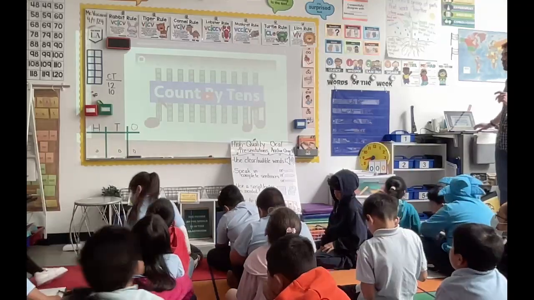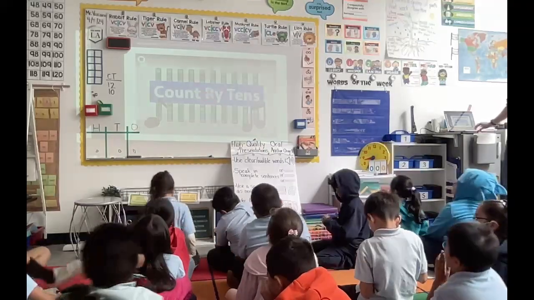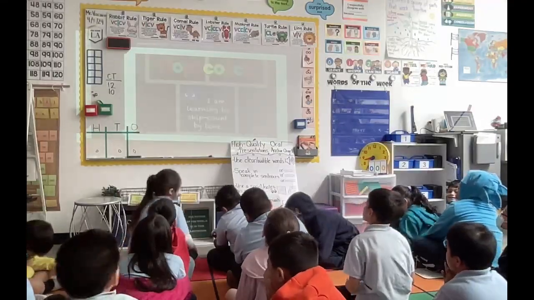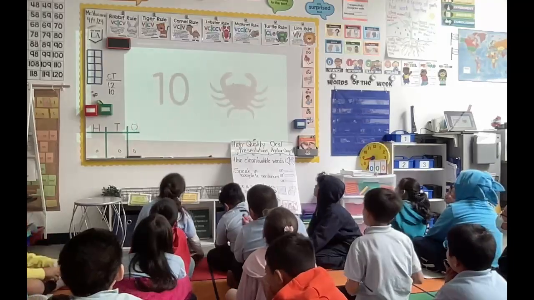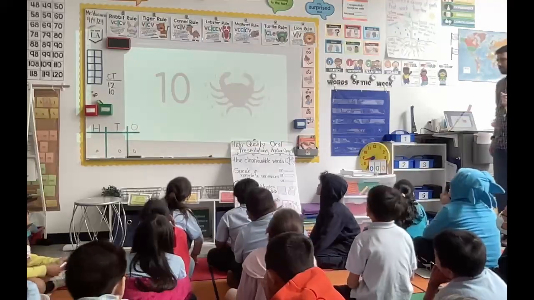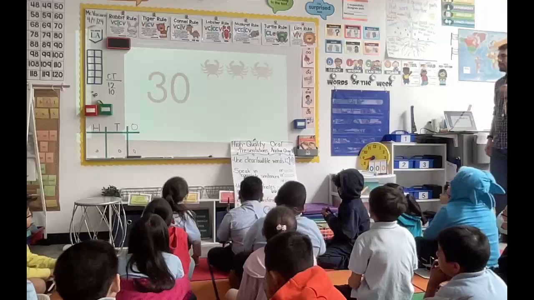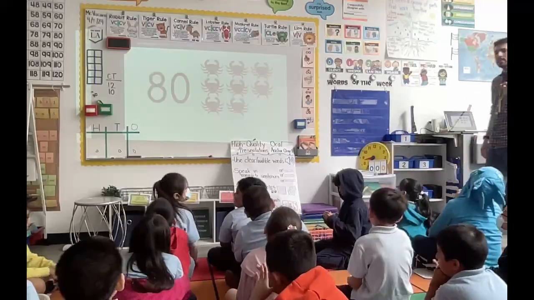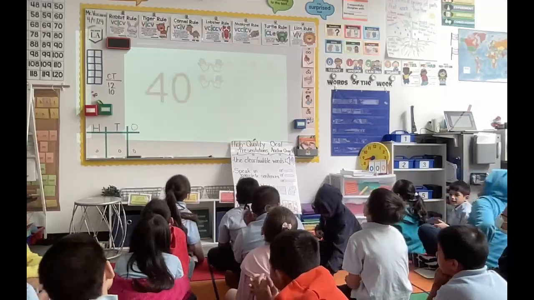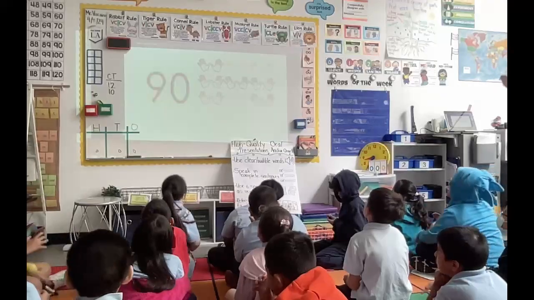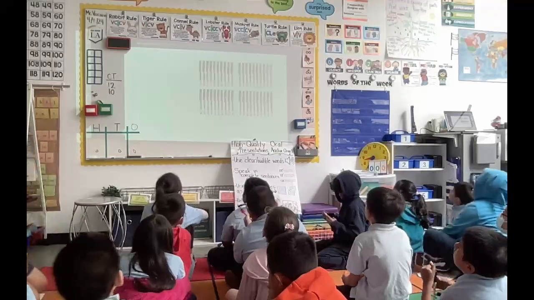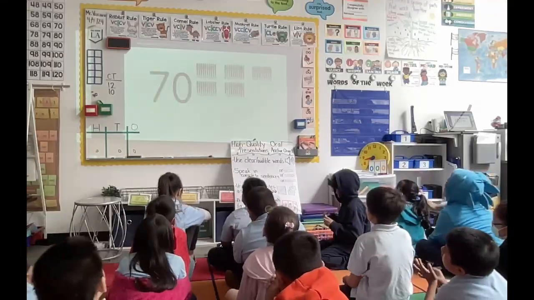Counting by tens, get those numbers in your head, and I want to hear your voices. Of 10 is 30, 4 groups of 10 is 40, 70 is 7 groups of 10.